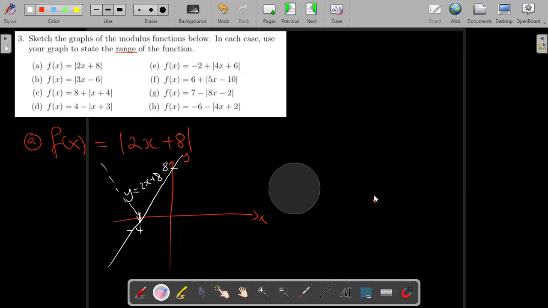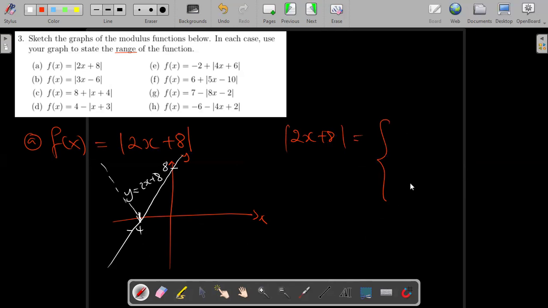If we are to redefine or rewrite our modulus, the modulus of 2x plus 8 would be 2x plus 8 if, when we equate 2x plus 8 to 0 and solve for x, we get negative 4, so when x is greater than or equal to negative 4.